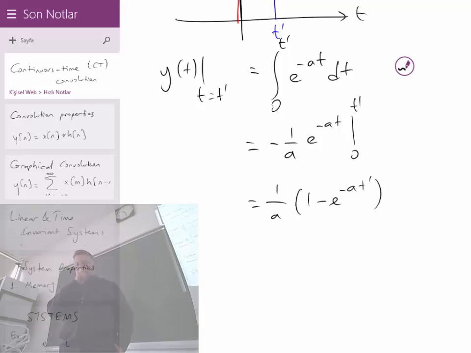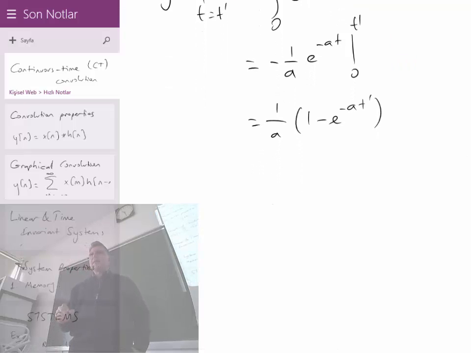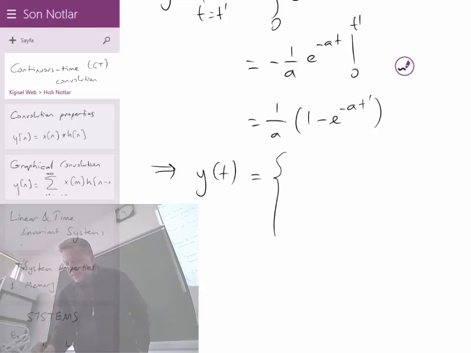Okay. This is the integral, and I can immediately say that the convolution result is therefore y of t equal to, I will first open a curly bracket, 1 over a times 1 minus e to the minus a t for certain values of time.